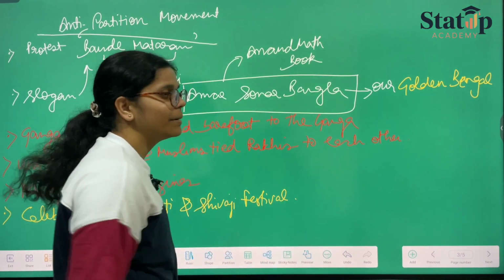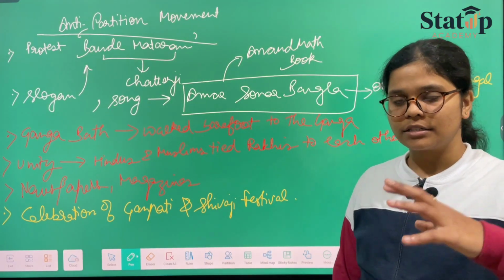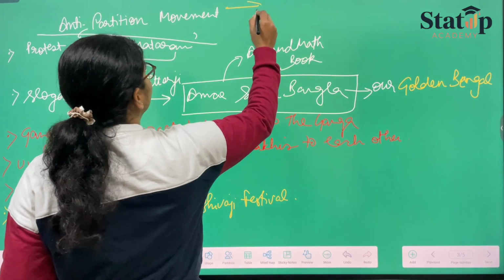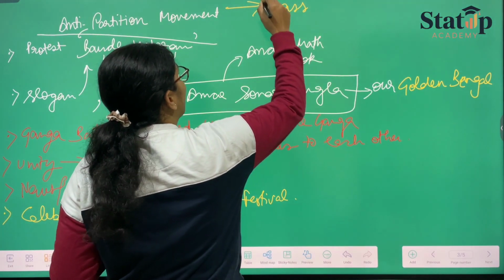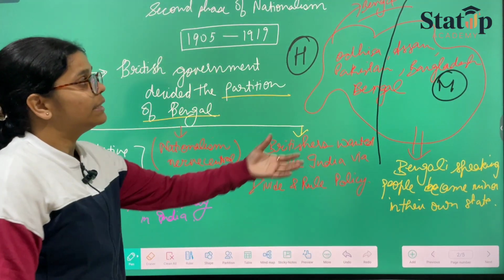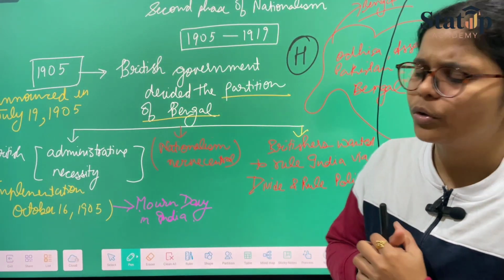So these two basic events were the things that people actually started working upon. This led to a draw of the masses, and the Britishers actually tried to divide, that means not let people come together.